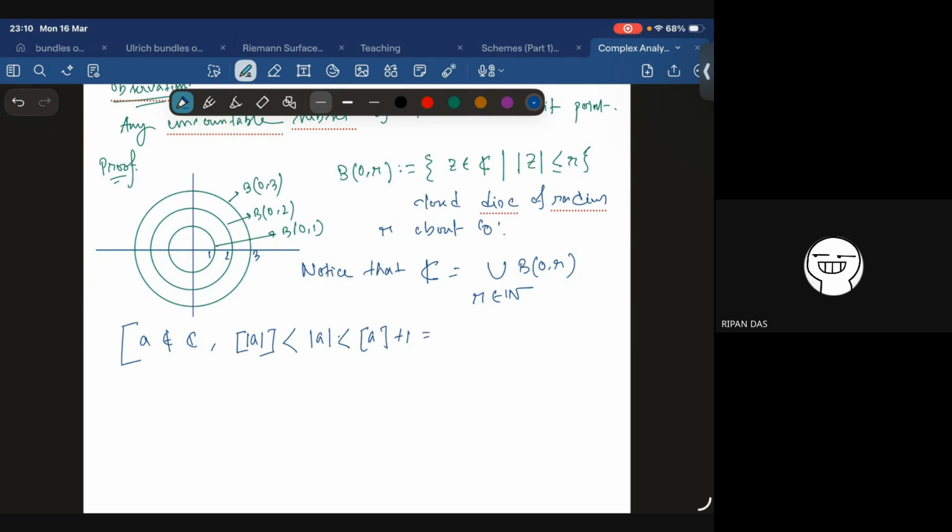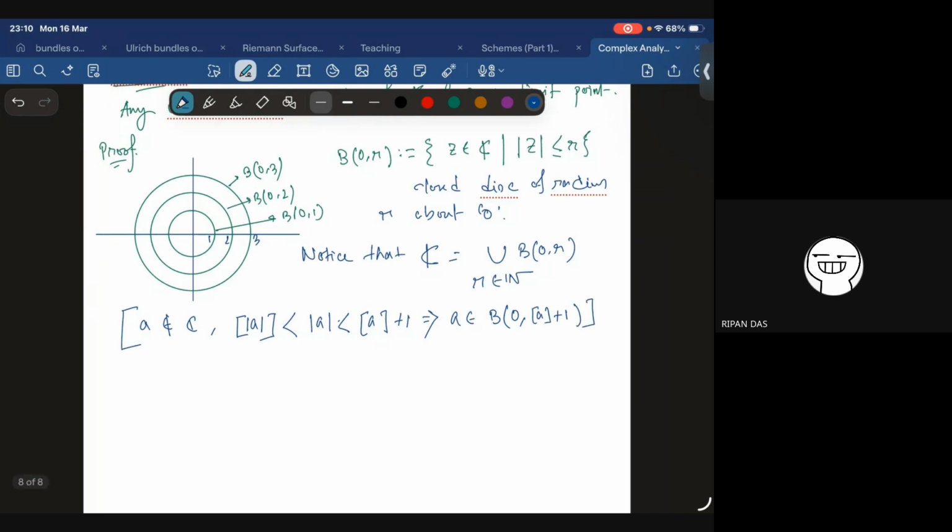So therefore a belongs to B0, floor of mod a plus 1. So there are countably many balls covering C.